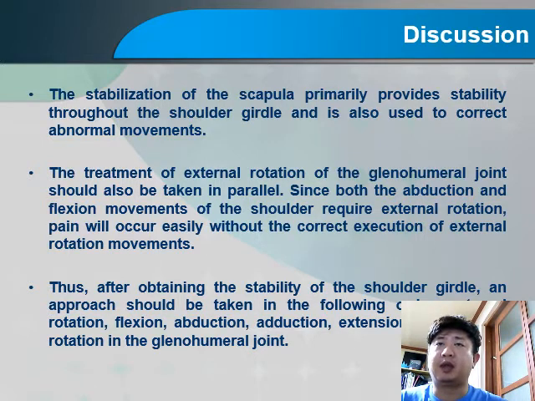Pain will occur easily without the correct execution of external rotation movement. Thus, after obtaining the stability of the shoulder girdle, an approach should be taken in the following order: external rotation, flexion, abduction, adduction, extension, and internal rotation in the glenohumeral joint.